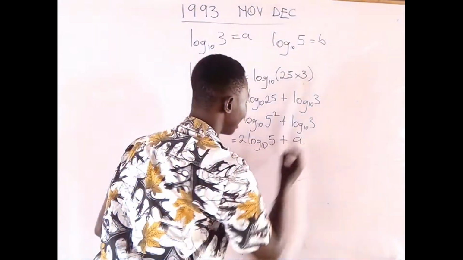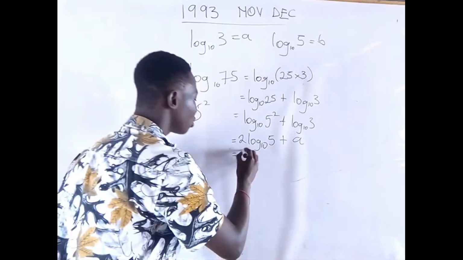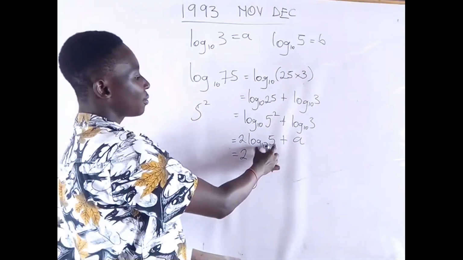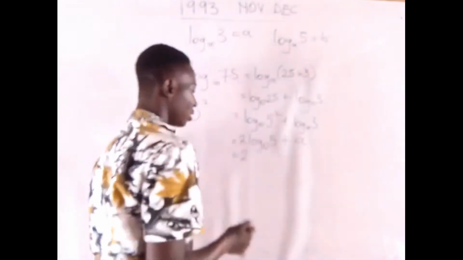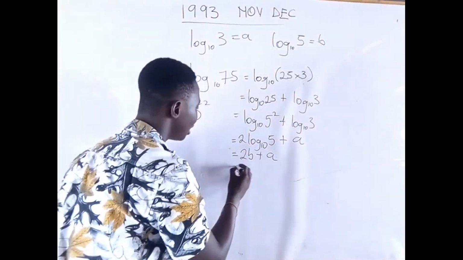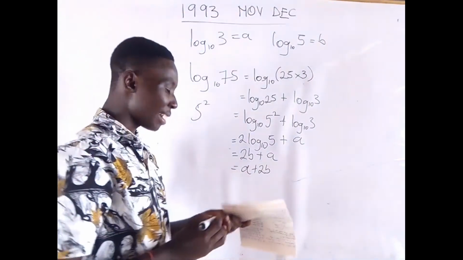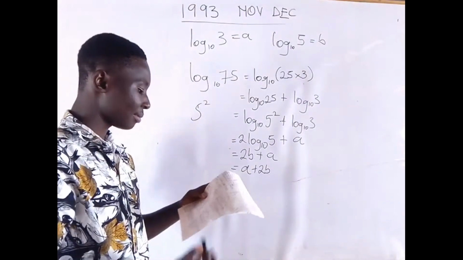So we write a here. This 2 log 5 base 10 is b, so replace this by b. So this is equal to a plus 2b. So this is the final answer for question number 13.